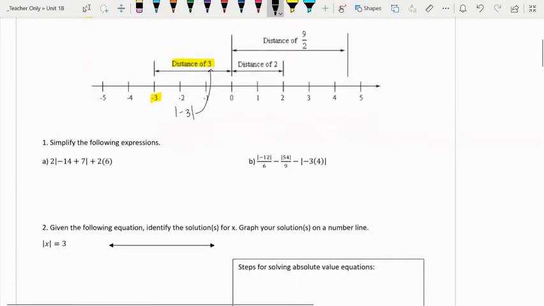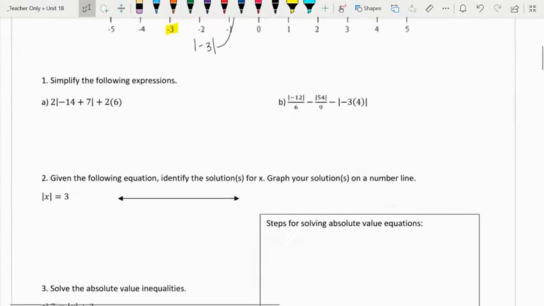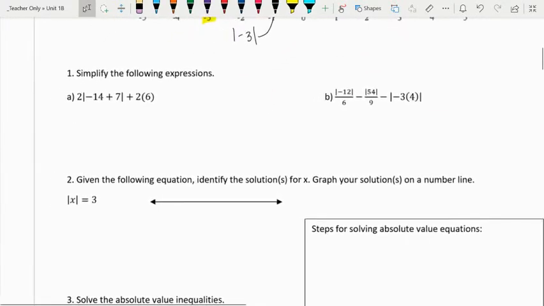Okay, so if we're looking at simplifying these expressions, on the first one, you basically treat it like a parenthesis, but you don't ever want to distribute into the parentheses. So start out by looking at what's inside the absolute values and simplifying.